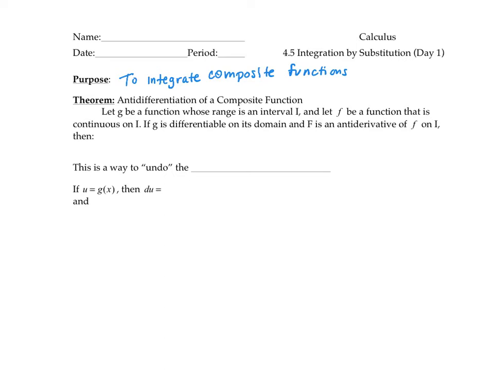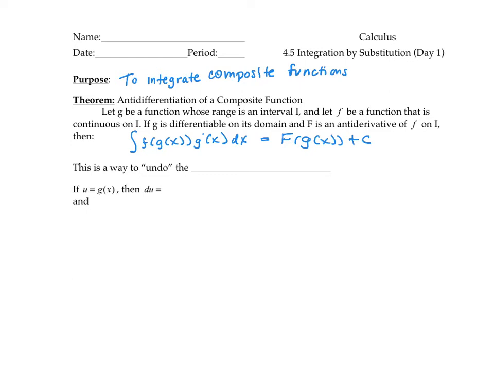If g is differentiable on its domain, and capital F is the antiderivative of function f on I, then the antiderivative of f of g of x times g prime of x dx will be equal to capital F of g of x plus c.